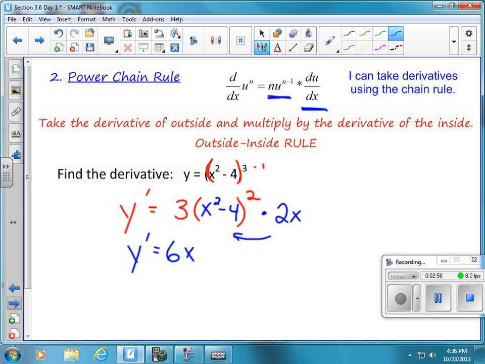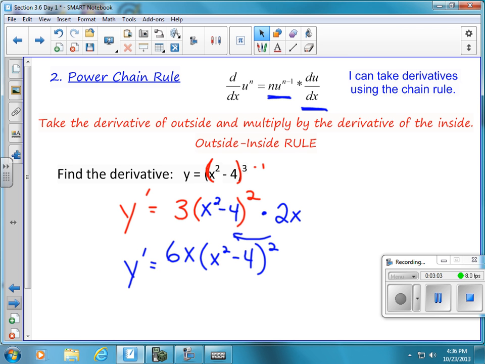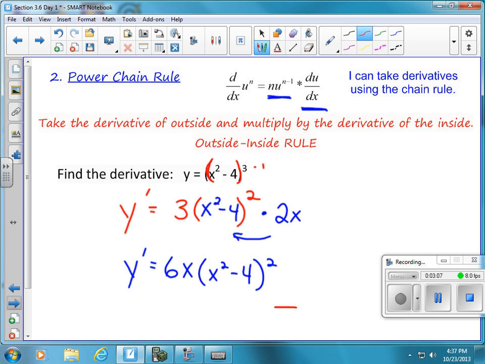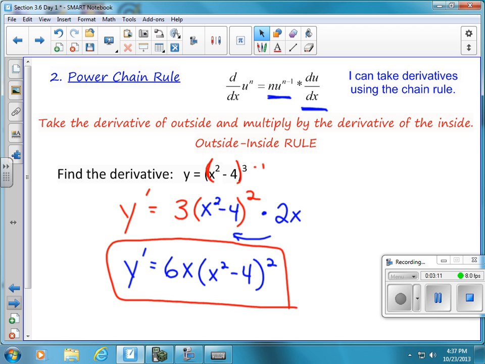So we have 6x times x squared minus 4 squared as our final answer. Outside function, take the derivative and multiply by the derivative of the inside.